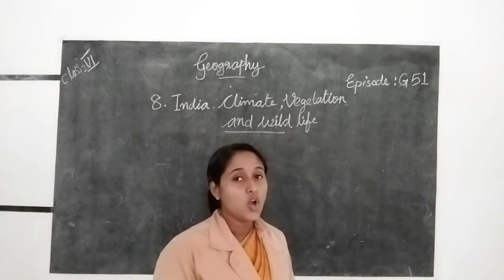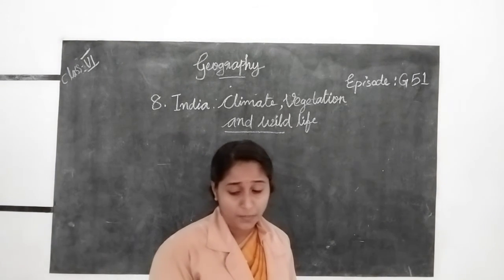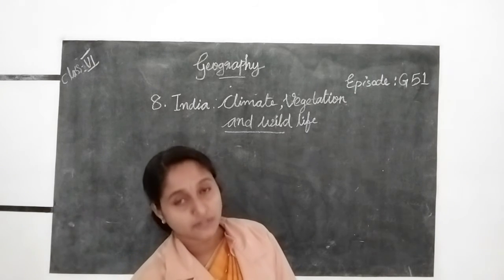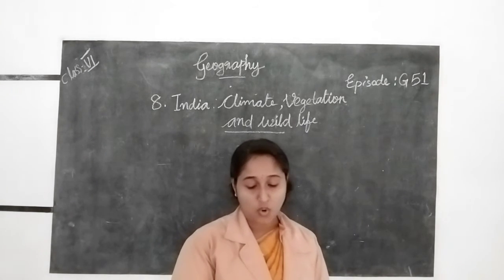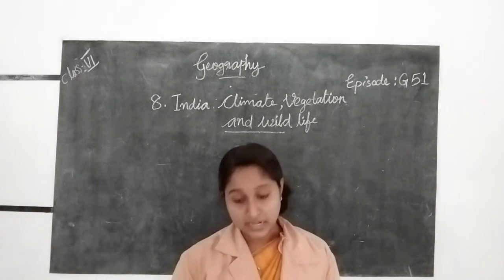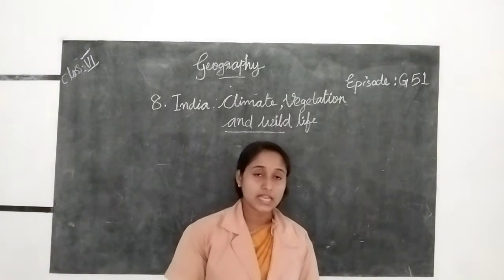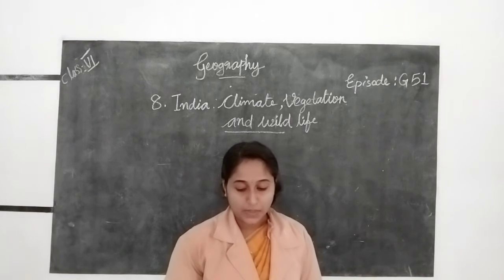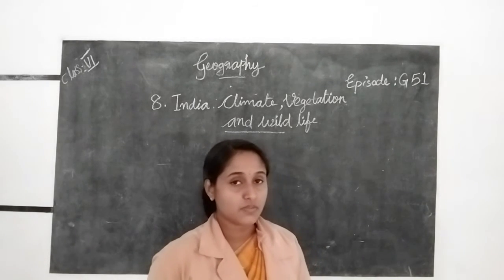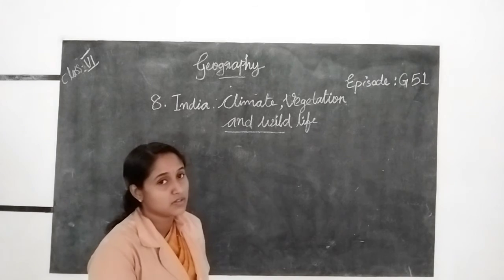That is, first one, tropical rainforest or tropical evergreen forest, which is also known as the dense forest, right? Second one, that is the tropical deciduous forest. It is also known as the monsoon forest.